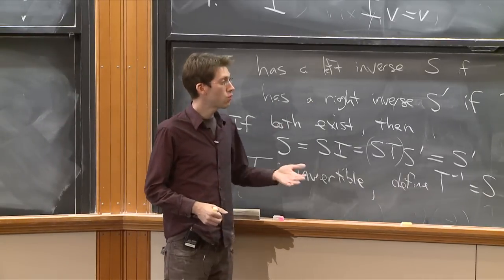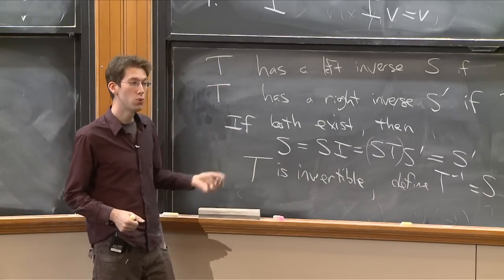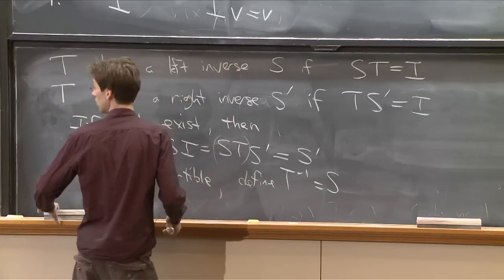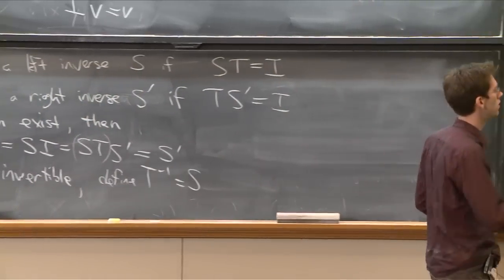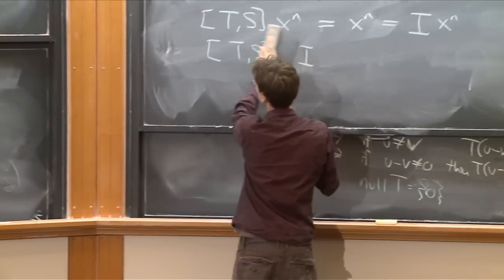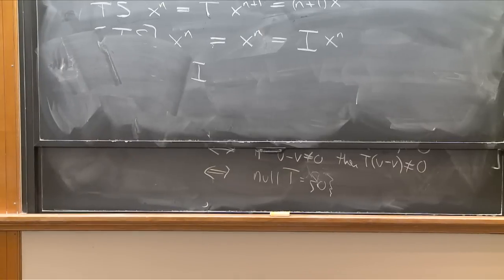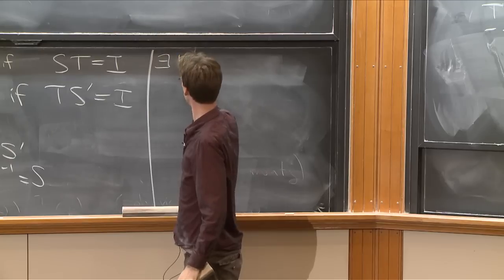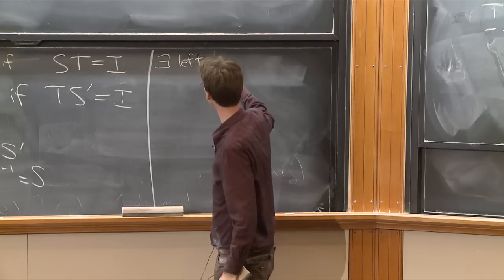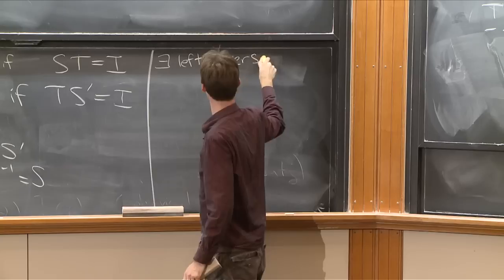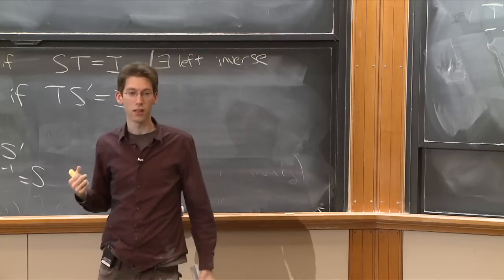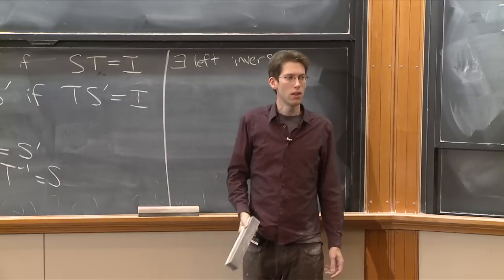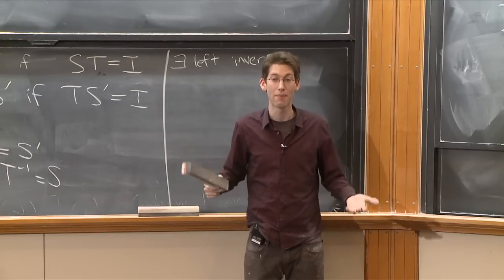So one question that you often want to ask is, when do left and right inverses exist? Intuitively, there should exist a left inverse when, after we've applied T, we haven't done irreparable damage.